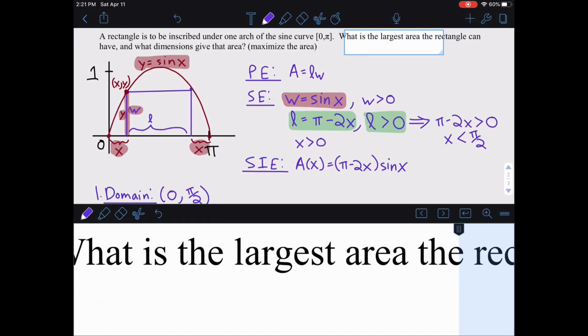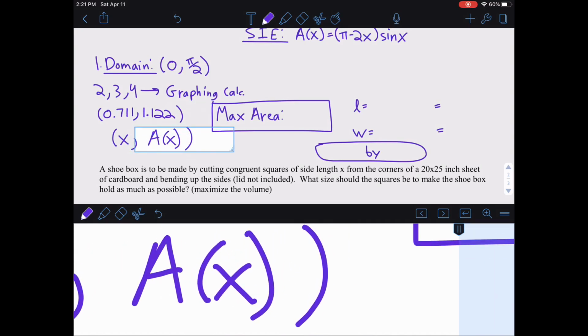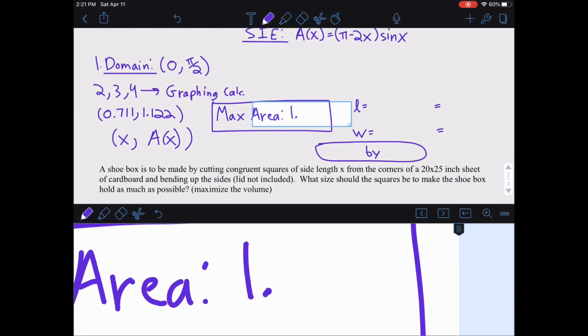What is the largest area? So this maximum, 1.122, is the maximum output for our function here. That does represent the maximum area of my rectangle. And no units here because it didn't give us any, okay? But 1.122 is the maximum area.